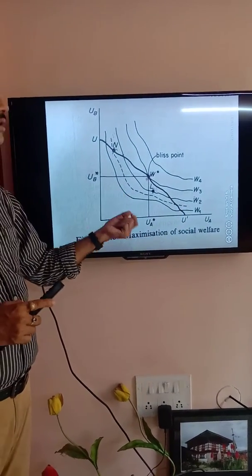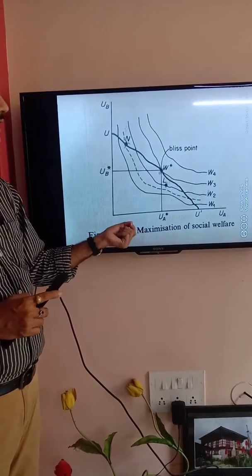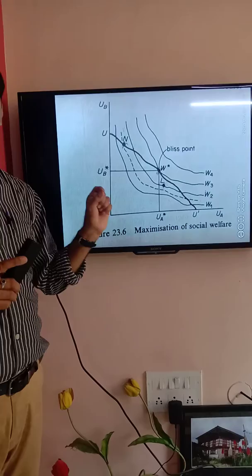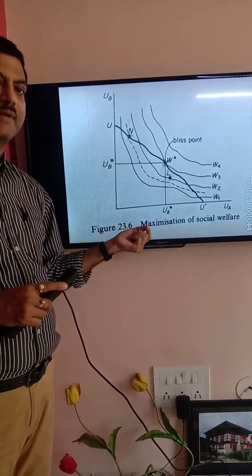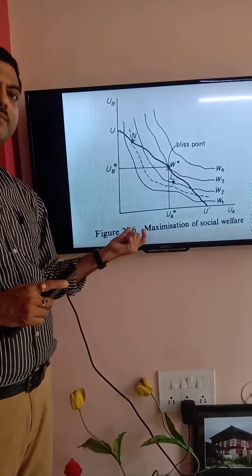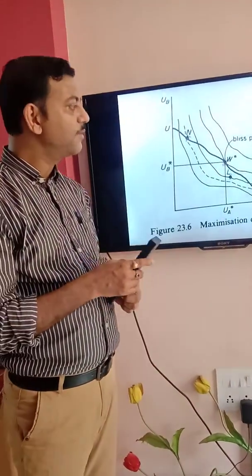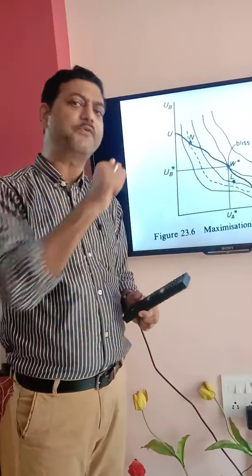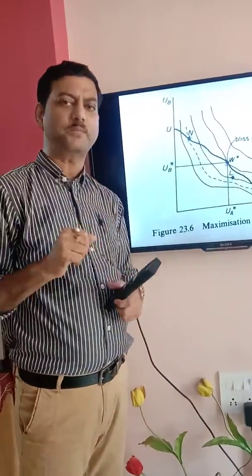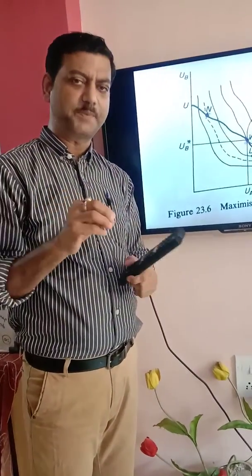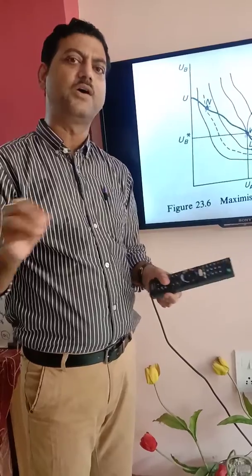So this is a strong point where we can say that the Pareto optimality condition is necessary but not sufficient for welfare maximization. Like perfectly competitive market, we have already discussed in my last lecture that a perfectly competitive market is necessary but not sufficient for Pareto optimality, because in case of a perfectly competitive market, automatically all prices, that is price of goods, price of factors, are constant.